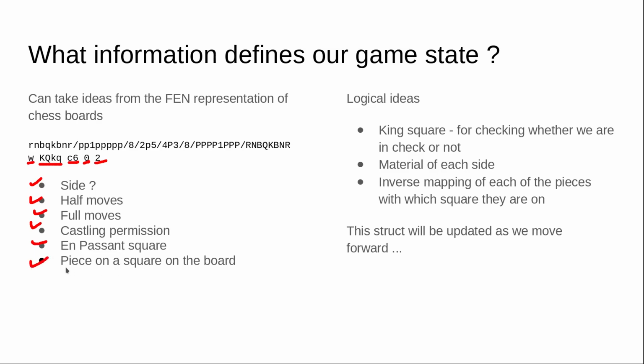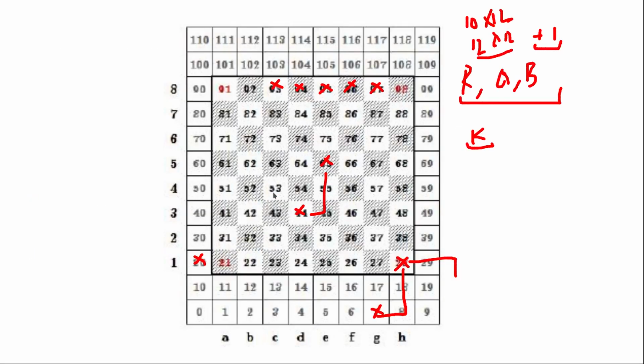So what this means is that we have an array of 120 integers, which is telling me which piece is present at a current position.